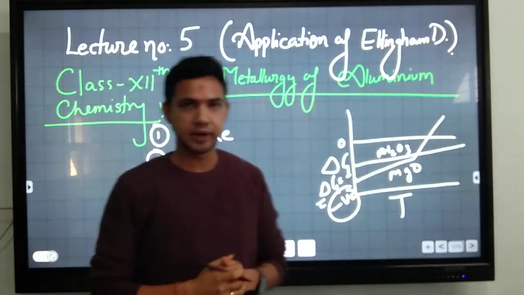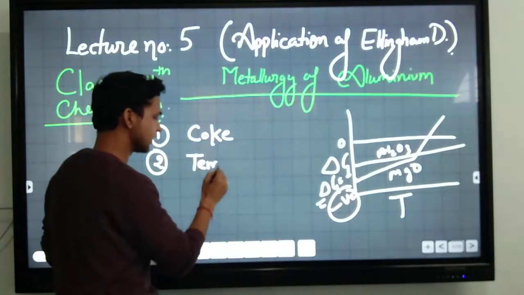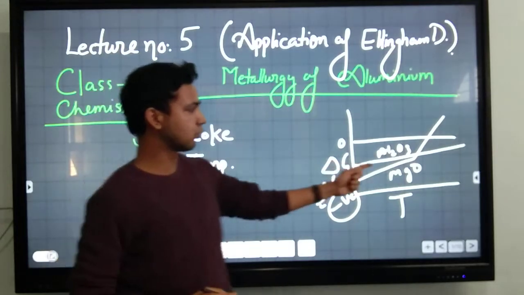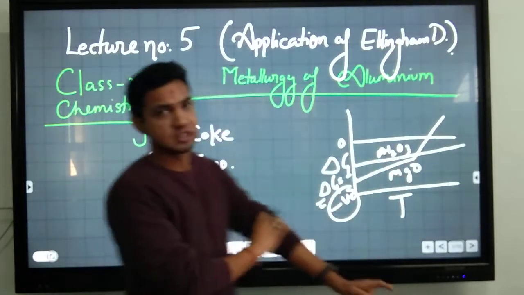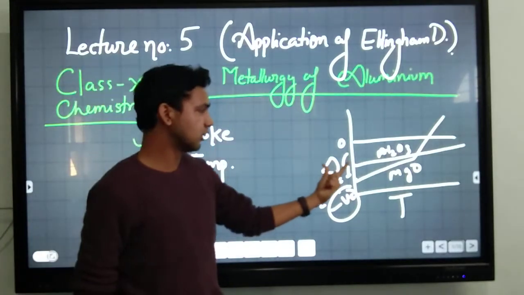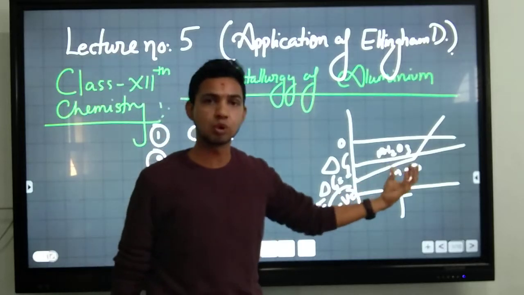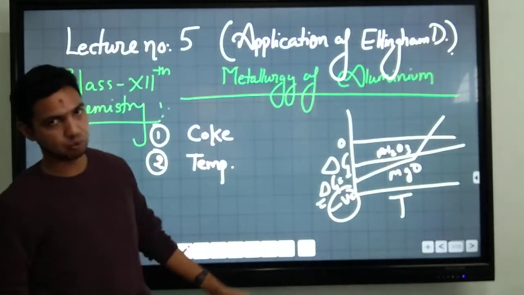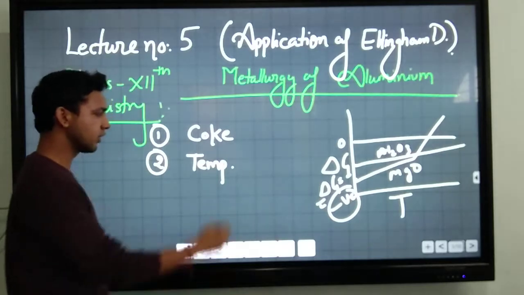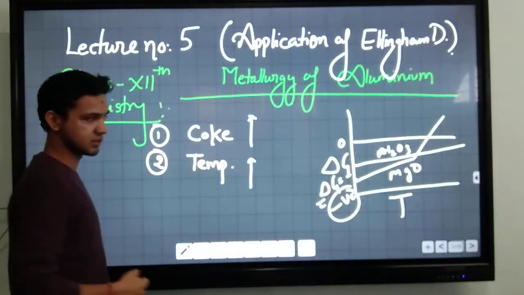Second thing, we require a large amount of temperature. The temperature is another factor helping to remove a particular metal from its ore. Here we know that Al2O3 has a more negative delta G value, so we require more temperature to remove the aluminium from its ore. So here we require more temperature as well as a stronger reducing agent.